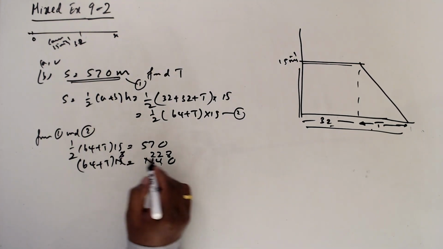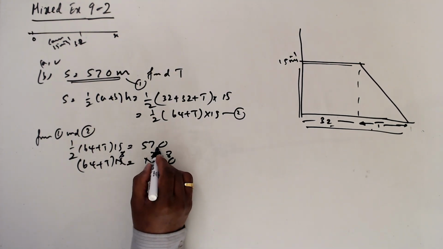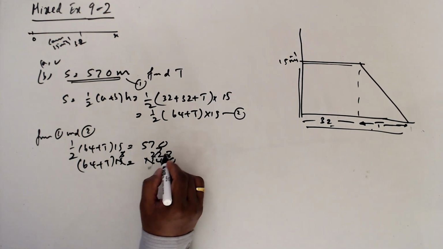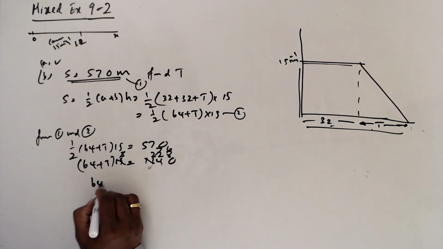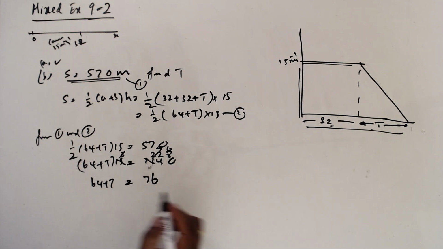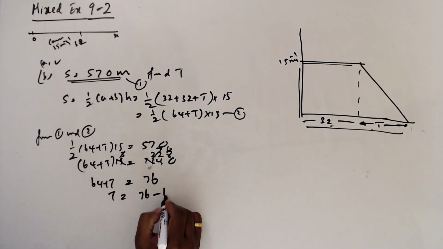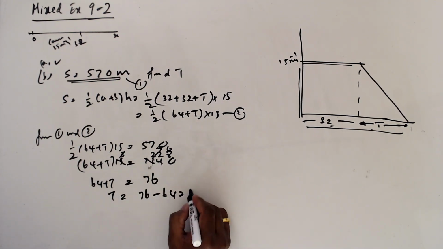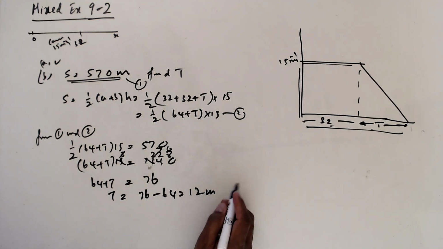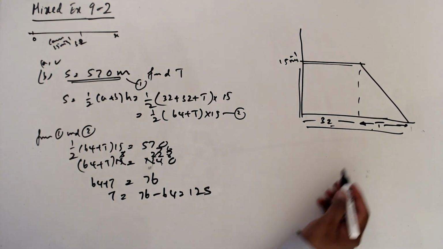I think I can divide by 3, this is 7, and 18, 6. So 64 plus T equals 76, so T equals 76 minus 64, that is 12 seconds.